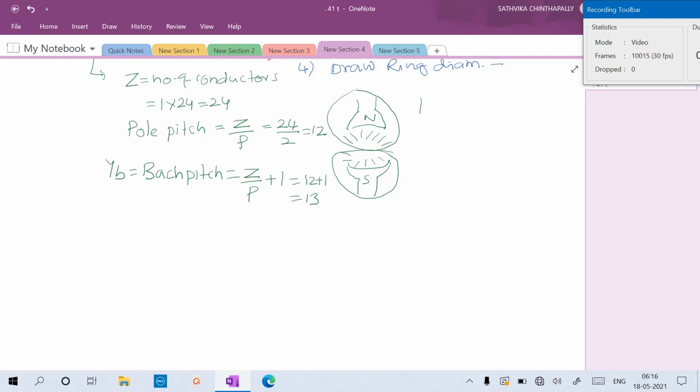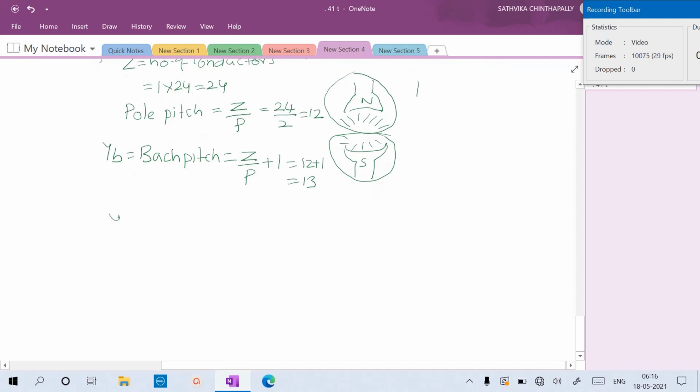Here the progressive winding is given. So front pitch is equal to Z by P minus 1. Z by P is 12, as we already got, minus 1, so we get 11. Now we know the back pitch is 13 and the front pitch is 11, differing by 2.